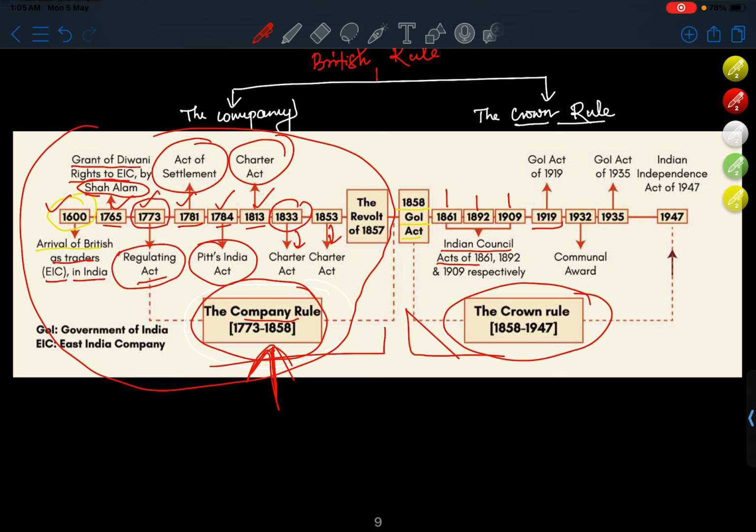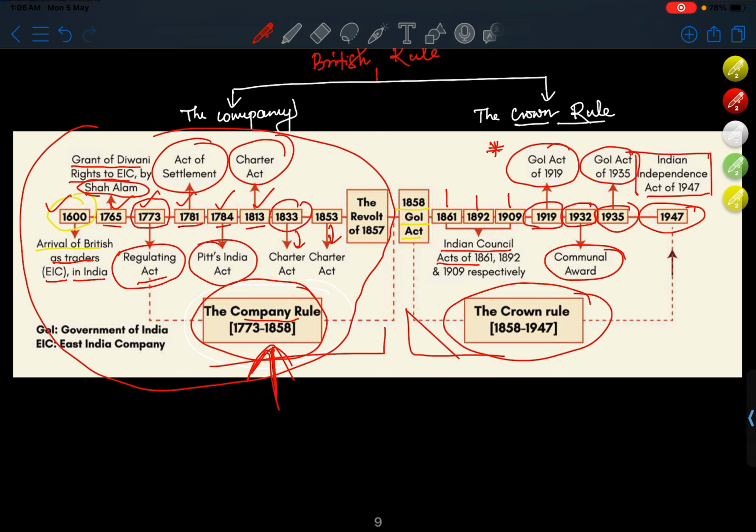Next, 1919 Government of India Act. This is very important, I will explain it, don't worry. 1932 Communal Award, 1935 Government of India Act, then 1947 Indian Independence Act.